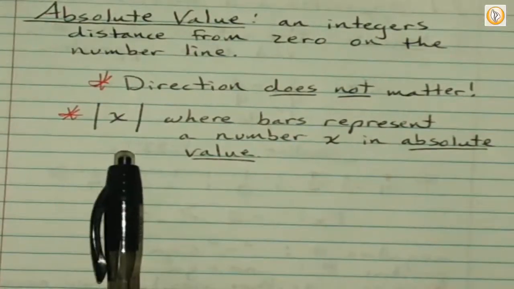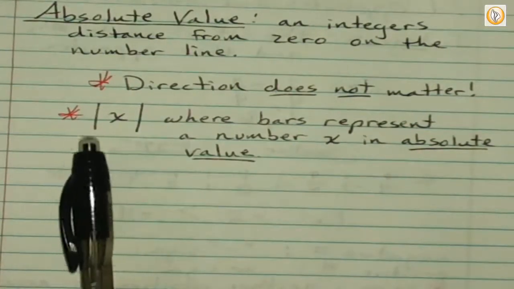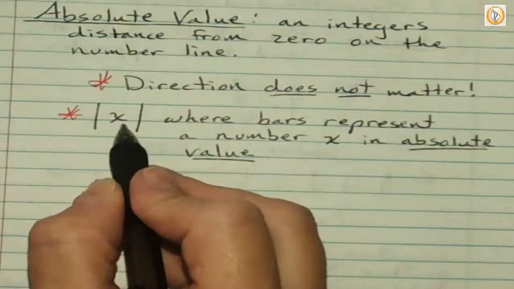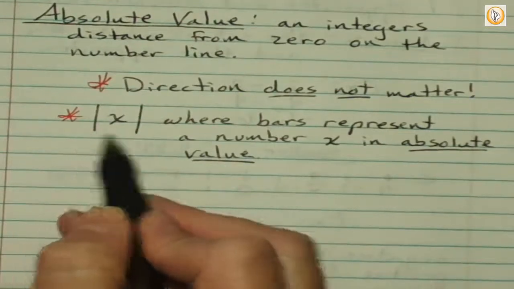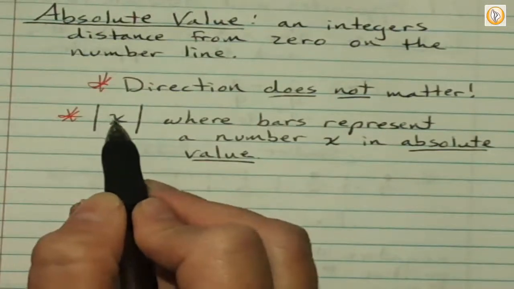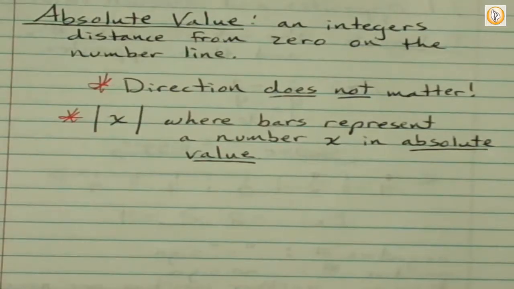The bars, x is any number. The bars represent absolute value. Notice that they are bigger than whatever number you have in there. The last thing you want to do is make the bars the same size, because then you'll get confused and think it's a 1. Happens all the time. So these are absolute value bars. They need to be bigger than whatever number you have on the inside, so you don't think they are a 1.